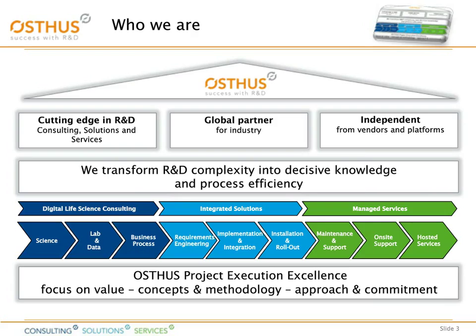The second segment is solutions. This is about building solutions either from standard industry components and standard applications from vendors, or creating very new custom solutions. Of course, we support the projects that we have done with domain-specific managed services that you see here on the right side.